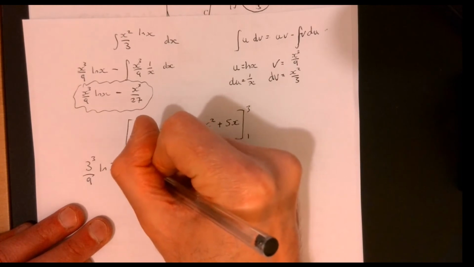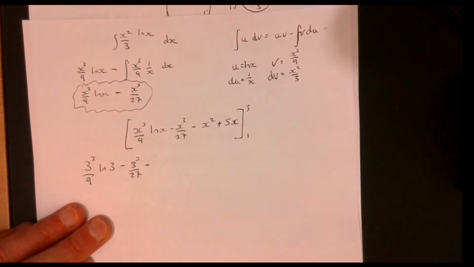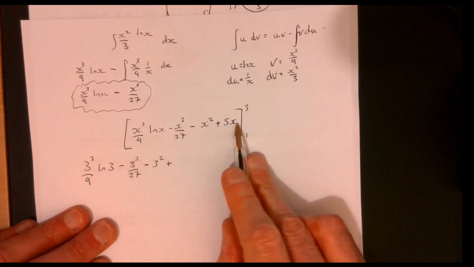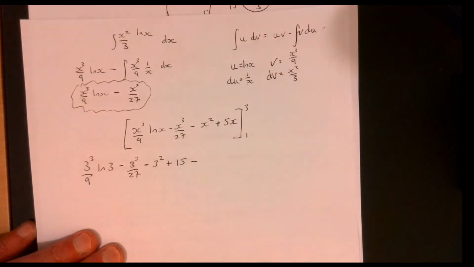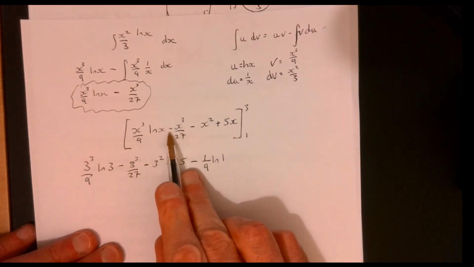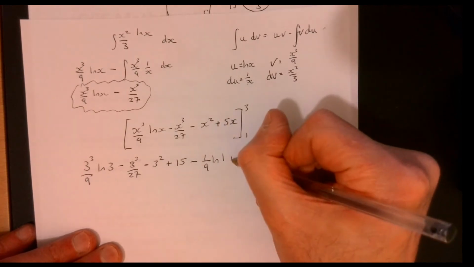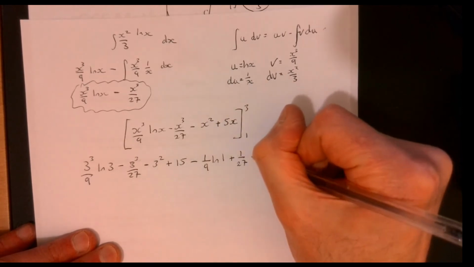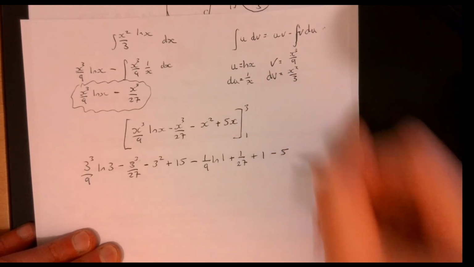So we've got x cubed, so that's 3 cubed over 27. And you'll see why they've given us the values of 3 and 1. 3 squared plus 5 times 3, that's 15. And then take away 1 over 9 ln 1. Remember to reverse these signs because we're taking away all of this again. So now we've got a plus, so 1 over 27 plus 1, and then take away 5.